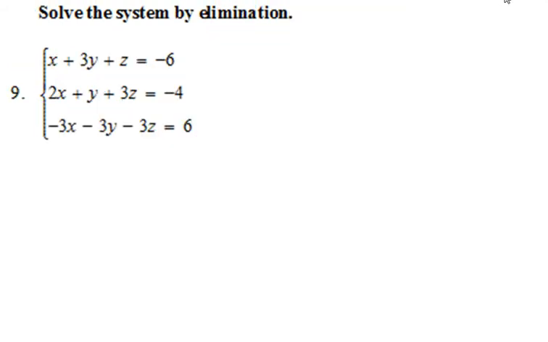Our next problem says solve the system by elimination. Elimination is the one where you add or subtract two equations to eliminate a variable. So this is a system of 3 equations. We're going to call this equation 1, equation 2, and equation 3, so I can better reference these.